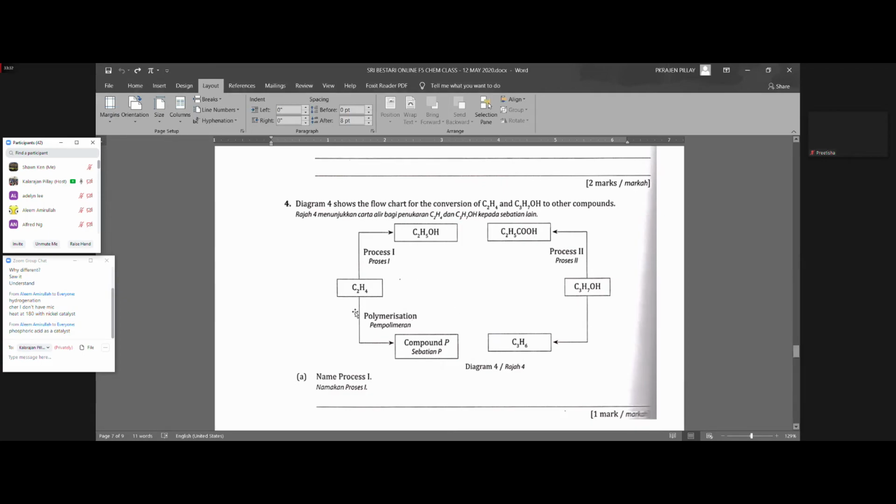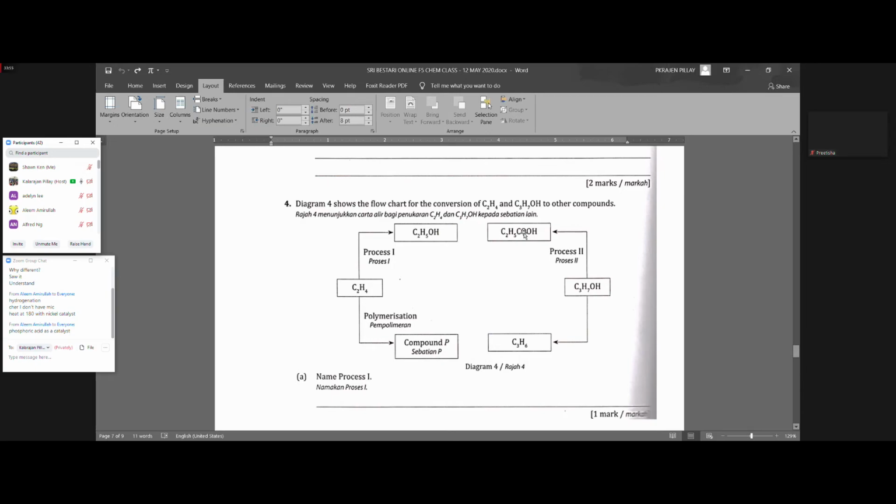Then ethene undergoes polymerization. Can you see that? So compound P, put a note here. They gave you the process. They put polyethene. C2H4 is ethene. Then we go like this. This one you take alcohol, this propanol, correct? It undergoes process 2 to become propanoic acid.